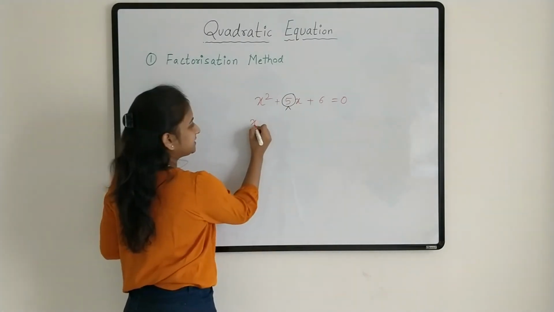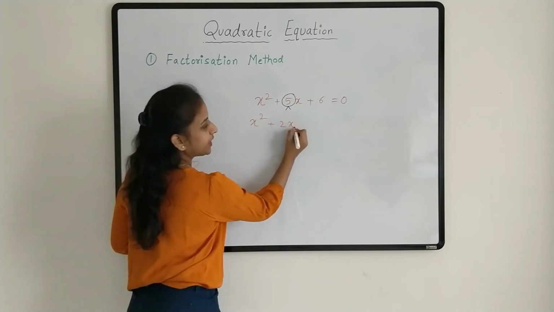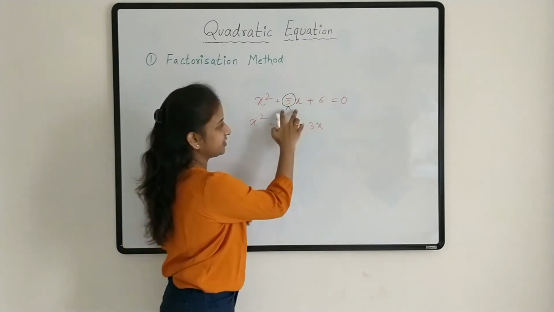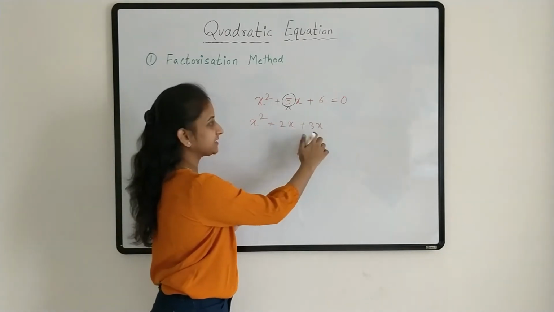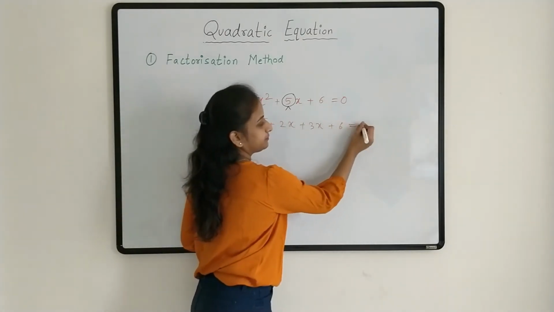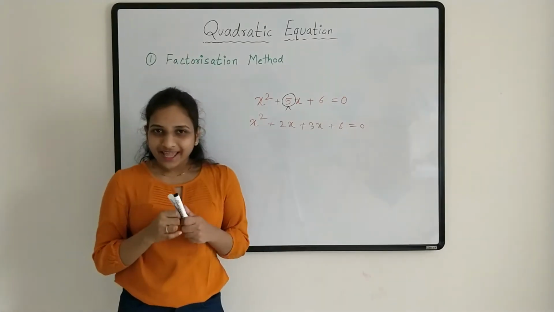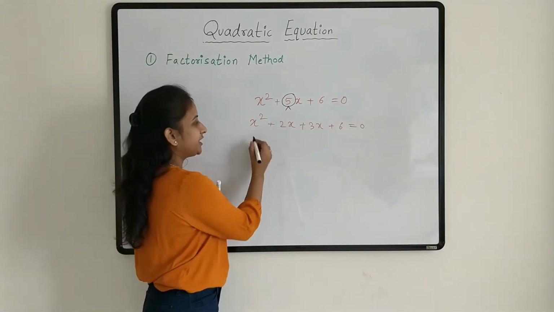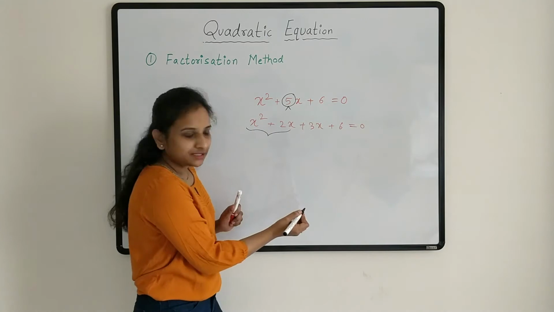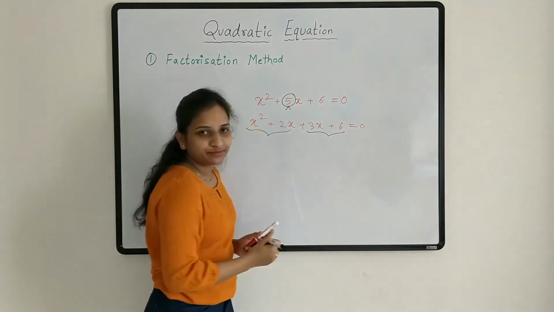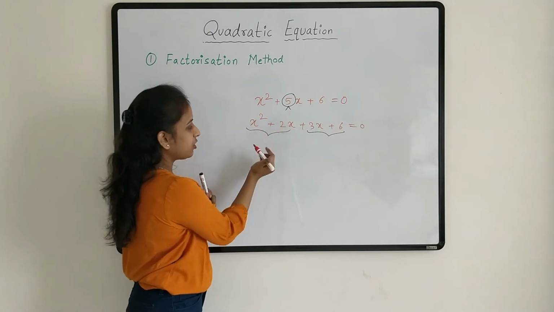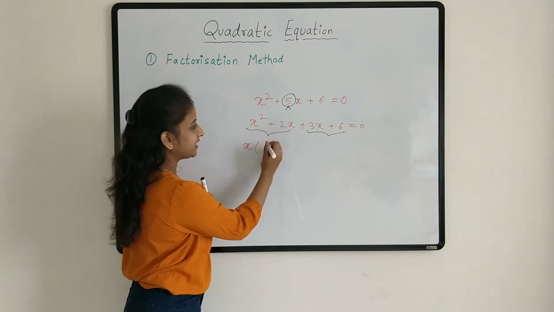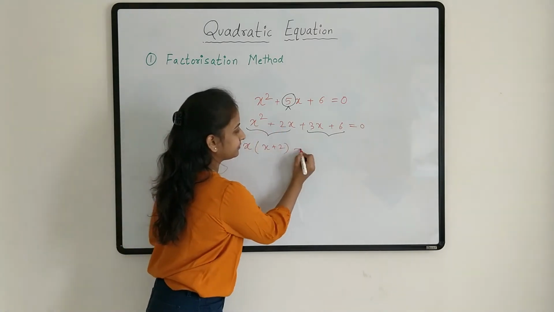So the expression is x² + 2x + 3x + 6. Instead of 5x we are splitting it into 2x and 3x. Now the next step is we take common factors from these 2 terms and from these 2 terms. From these 2 terms the common factor can be x, then we are left with x + 2.